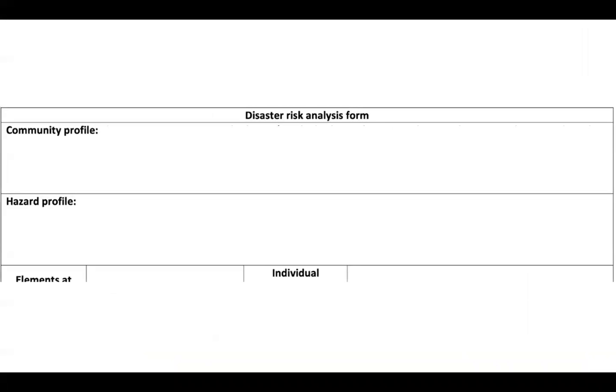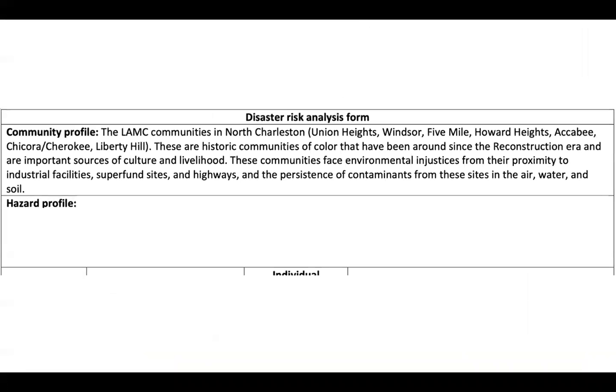Like with our other forms, I will be walking through an example of an urban fire occurring in the North Charleston-Lamsey communities. Starting at the top of the form with our community profile, we have the Lamsey communities in North Charleston, which include Union Heights, Windsor, 5 Mile, Howard Heights, Accoby, Chicora Cherokee, and Liberty Hill.